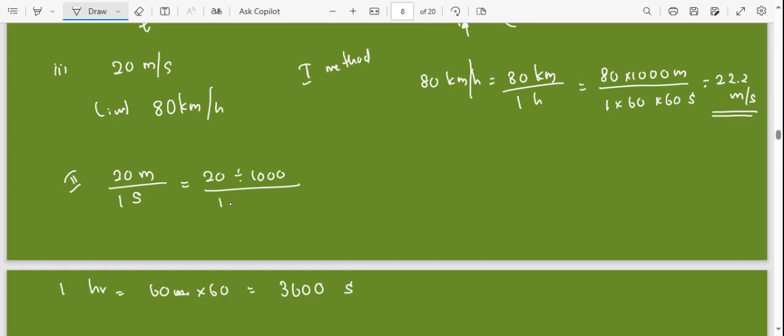So 1 second means 1 divided by 3600 hours. Let's see what we get. So we get the answer as 72 kilometers per hour. We know the maximum speed is 80, so this is less than 80 kilometers per hour, which means the speed limit has not been exceeded.